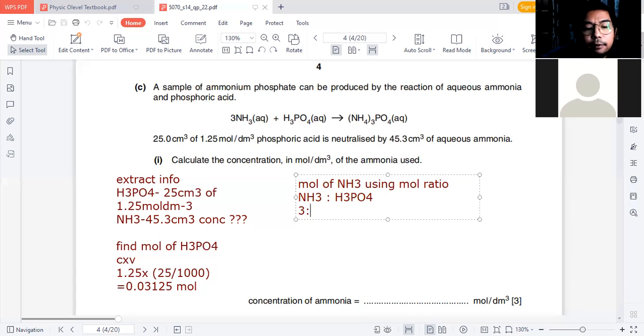So now you have the mole of H3PO4, but I don't know the mole of NH3. So I'm going to put X, and let the mole of NH3 be X. The mole of H3PO4 you found, 0.03125. Then you cross multiply.